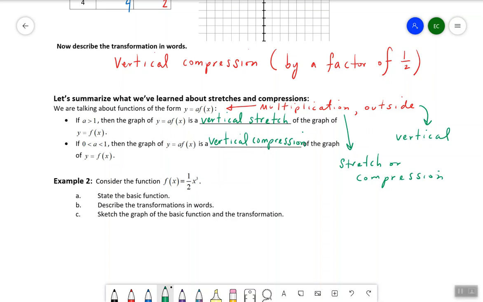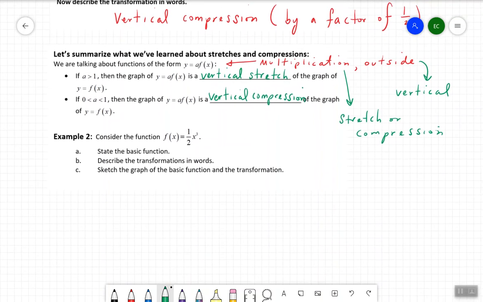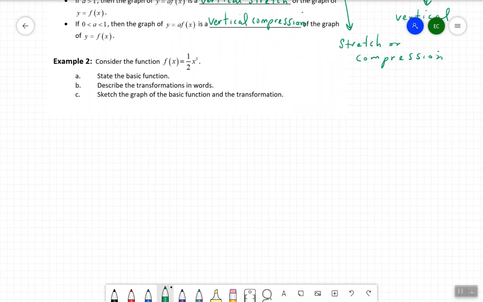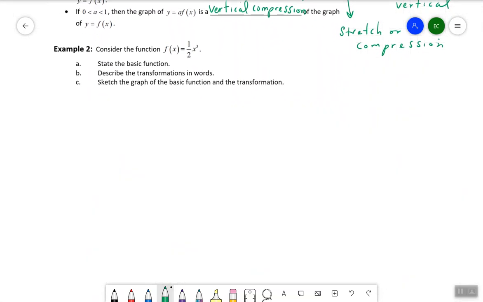Okay, so let's practice just a little bit. I've got a problem here that says use transformations to graph 1/2 times x cubed. So do you know what the basic function is? It should be y equals x cubed, and then the transformation is the multiplication by 1/2.